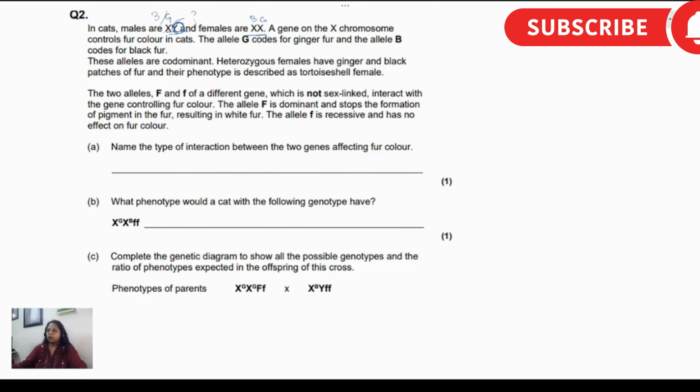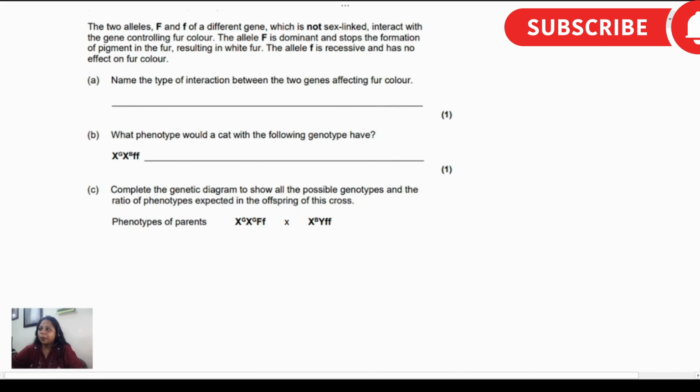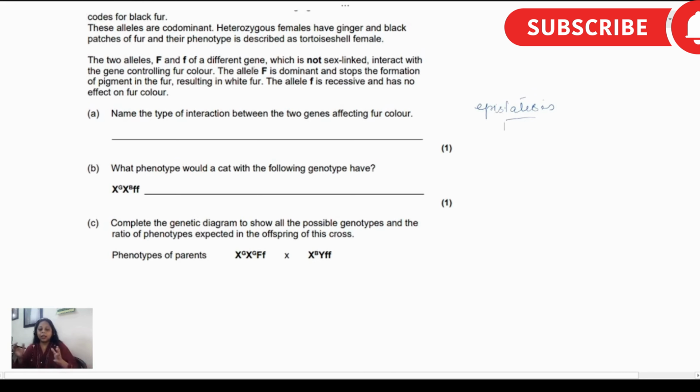Okay, first of all, epistasis is a case, and if an organism shows it, then we call such an organism epistatic. And they have already explained it very well: if one gene is interfering with some other gene, then what is this term called?